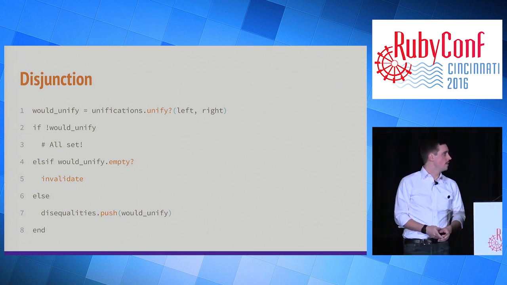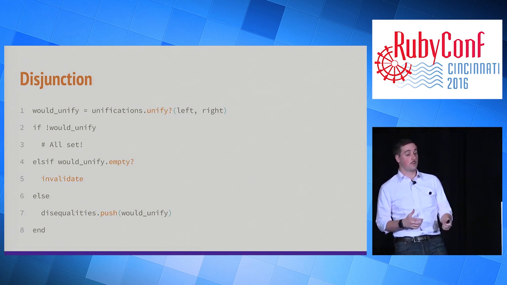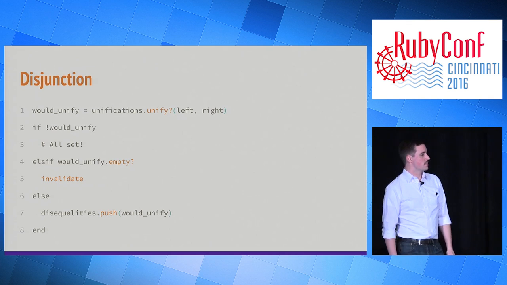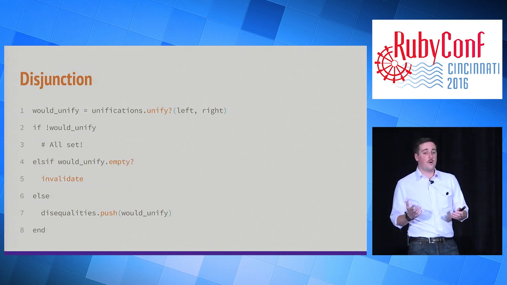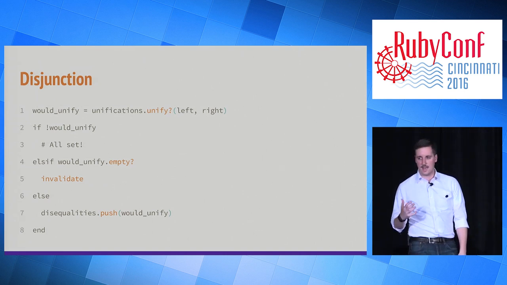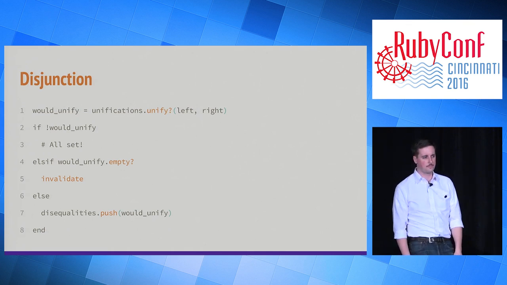So we would invalidate the solution at that point if we're trying to keep these things unequal. The other outcome is it comes back and says, oh, I didn't know anything about these. And we say, great, let's add that into our list of disequalities and say, don't change that, keep them separate.